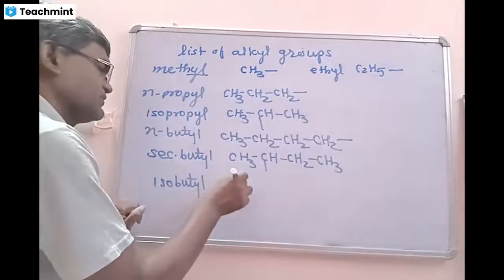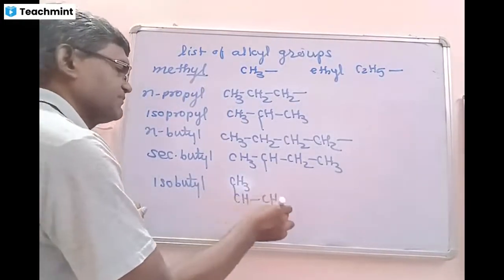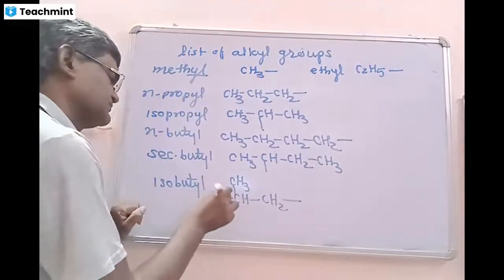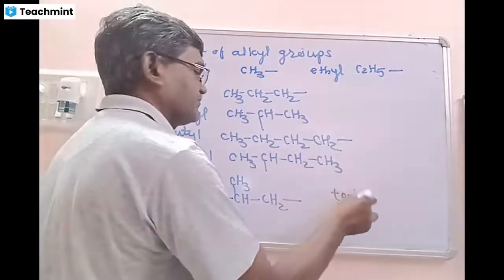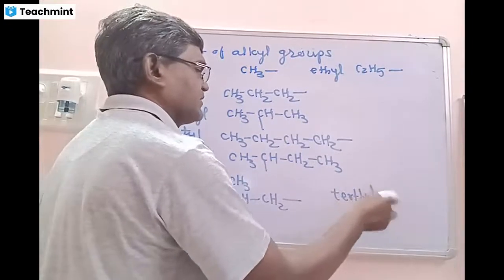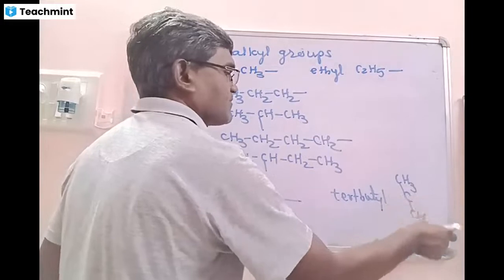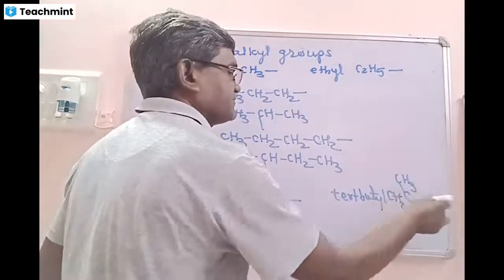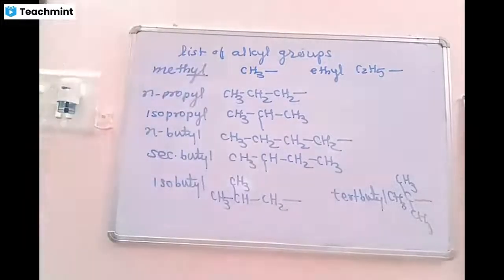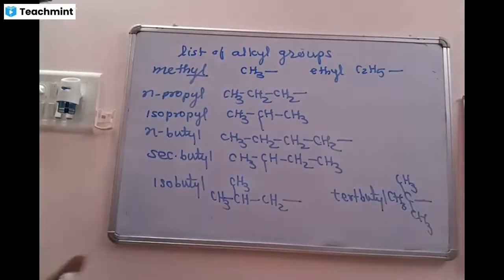This is not a derivative of butane, but it is of isobutane. And finally, we can have that tertiary butyl, with a CH3, and on this side, this is your tertiary carbon from which you are removing the hydrogen from isobutane. So in this way, we have the list of 8 alkyl groups that we have studied in the earlier lecture.